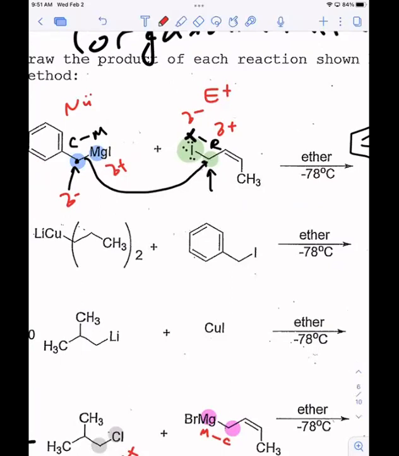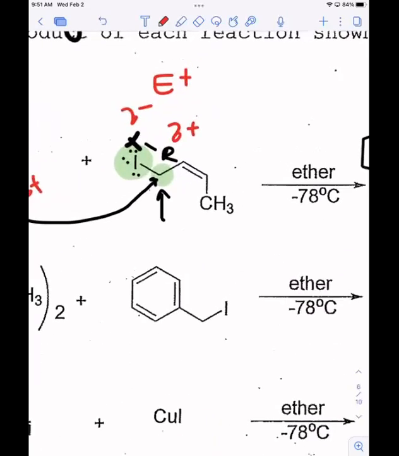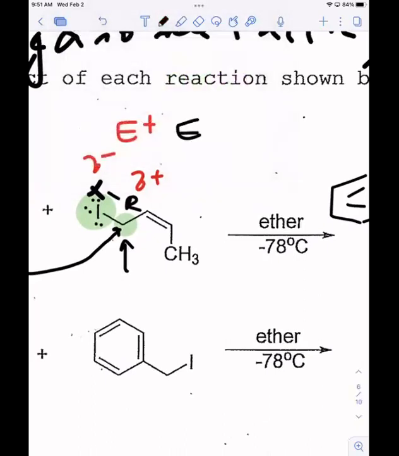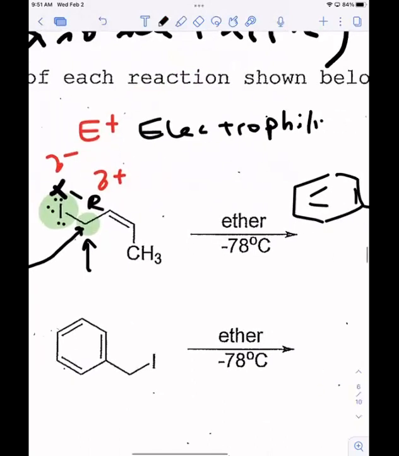Okay. So the site within the electrophile where the reaction takes place is generally the most polarized bond. And in this case, it's the bond with iodine. Can you repeat that again? About the electrophilic site? Yeah, the most polarized.